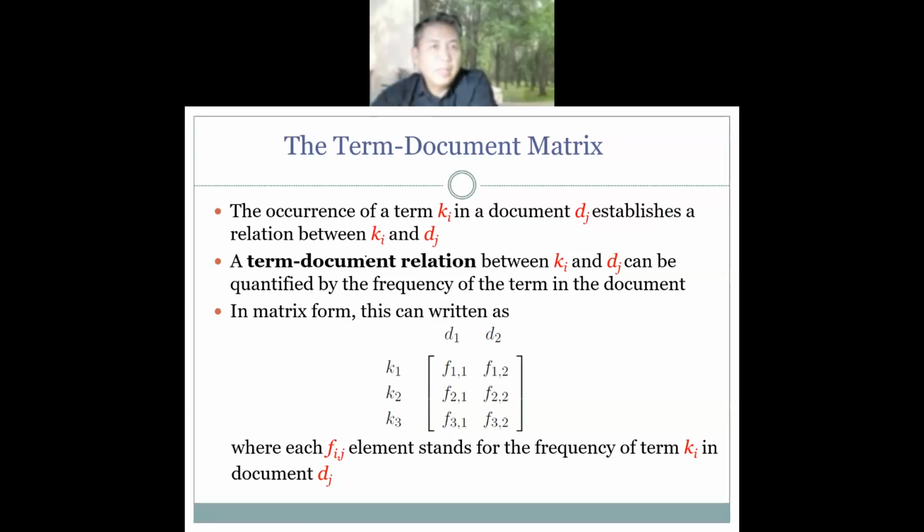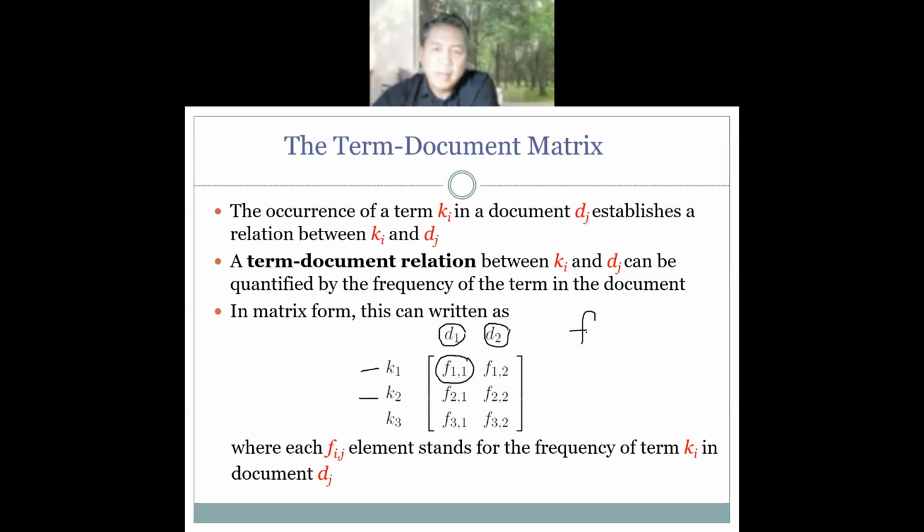Since in a system we can use an array, a two-dimensional array. So we could use a concept something like this. If we have document 1 here and document 2, and then we have keyword 1, keyword 2, keyword 3. The value here refers to whether keyword 1 exists in document 1 or in document 2.